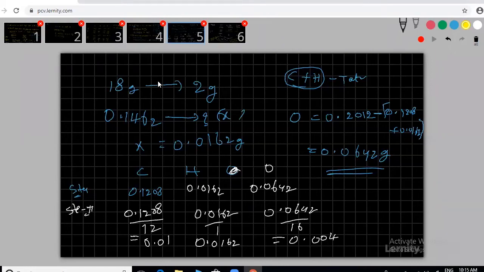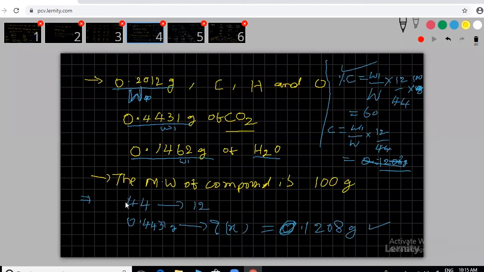See, I am doing here the basic principle, that you already know. 18 grams of water contain 2 grams of hydrogen. Then given water contains how much hydrogen? Just find the weight. I got the hydrogen weight. In the same way, in the previous slide I got the carbon weight also. 44 grams contain how much? 12 grams.